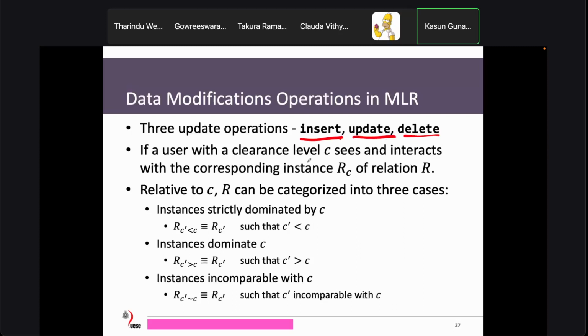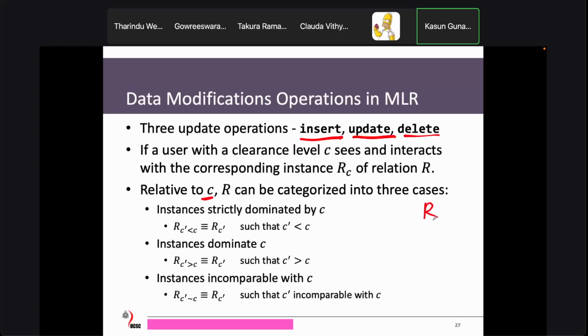If a user with clearance level C sees and interacts with the corresponding instance RC of a relation R, relative to classification level C, R can be categorized into three cases, right?